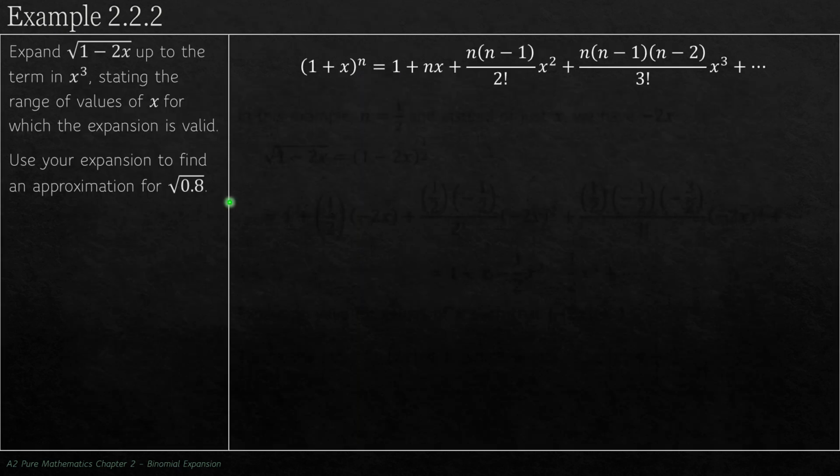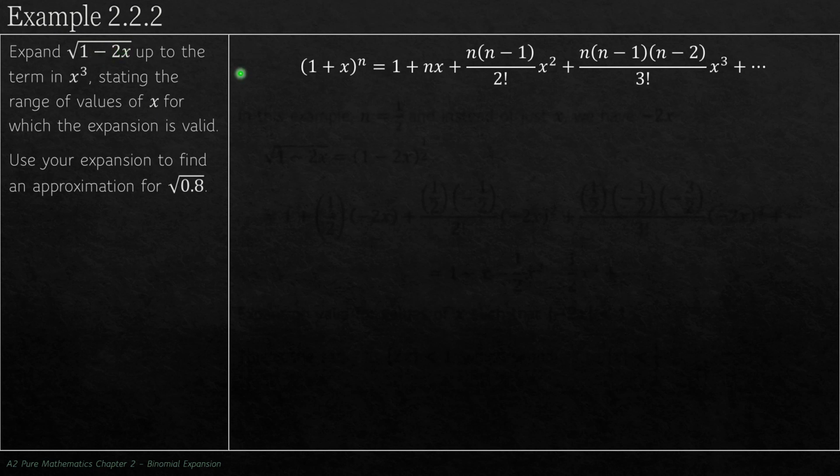So moving on to this next question, slightly different. We need to think about our AS indices from the first topic that we did back in September. So what power would I need on this bracket, because that's going to give me the value of n, and then also, this looks slightly different because I've got minus 2x.